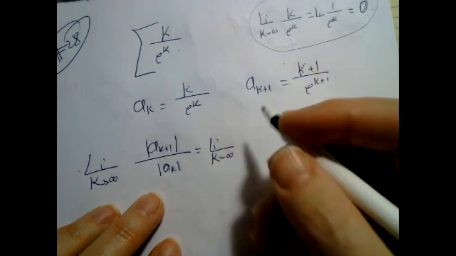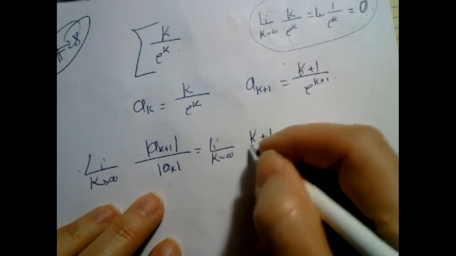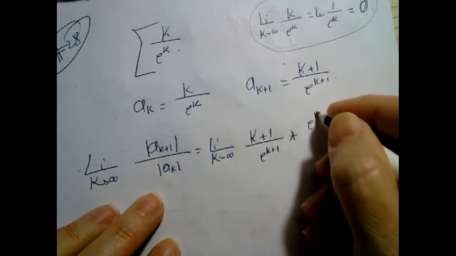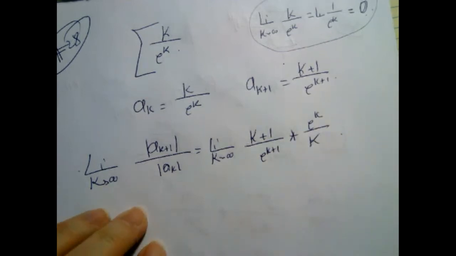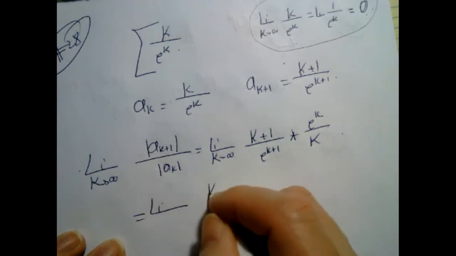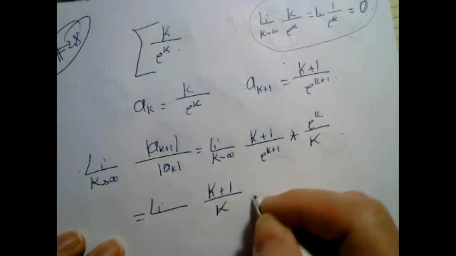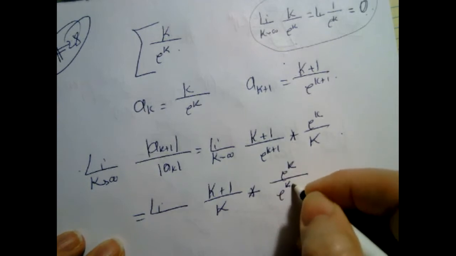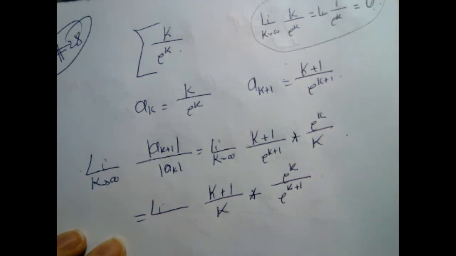So if I do it and I flip the denominator, you're going to have that times e to the k over k. And now verbatim, like we did before, it's going to give me the limit of k plus 1 over k times e to the k over e to the k plus 1.